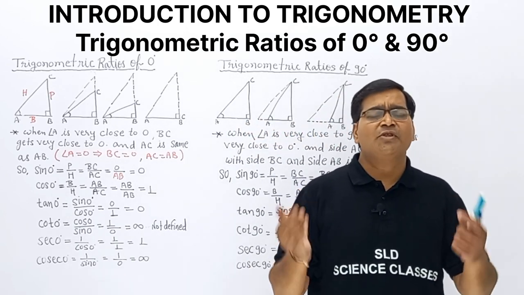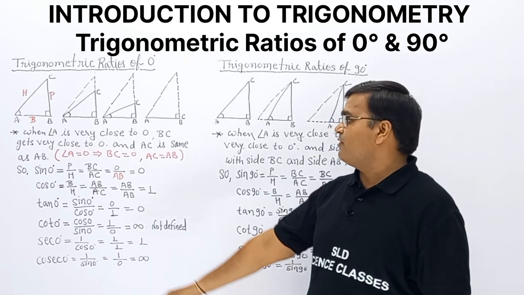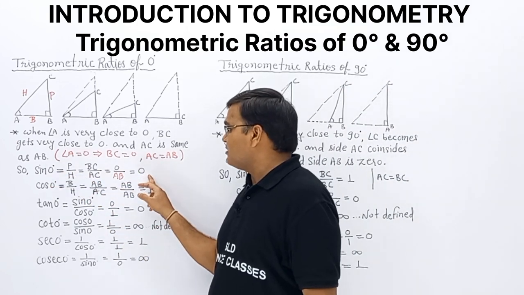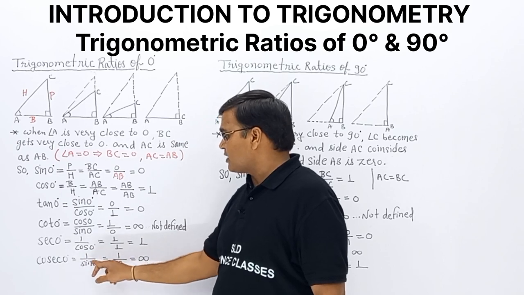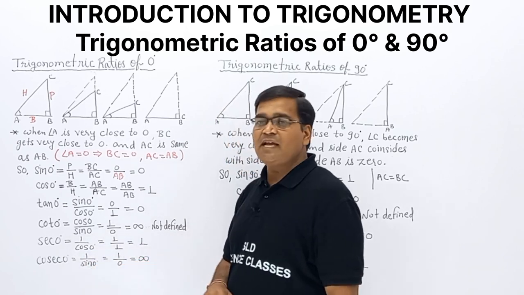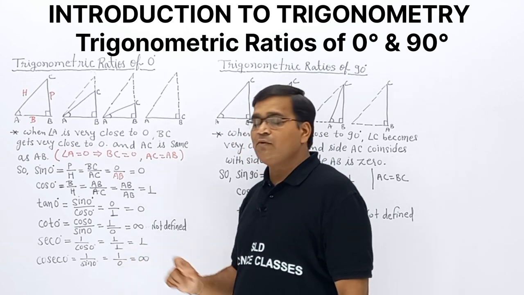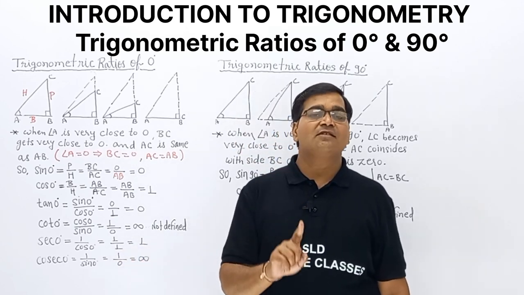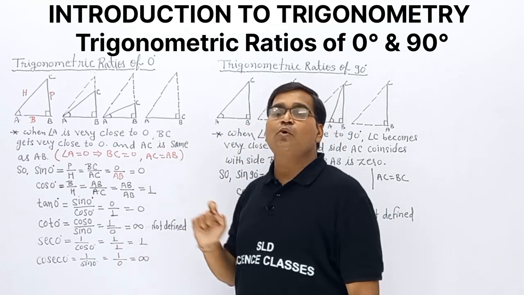What is the value of cosec theta? Cosec theta is the reciprocal of sin theta. So what is the value of sin 0? Sin 0 is 0. Put this value there. So cosec 0 will be 1 upon sin 0, which is 1 upon 0. Again the denominator is 0 and the numerator is any value, so the result is not defined.